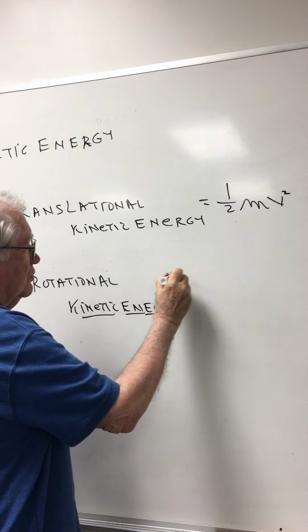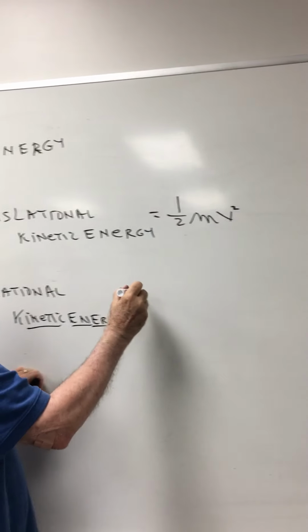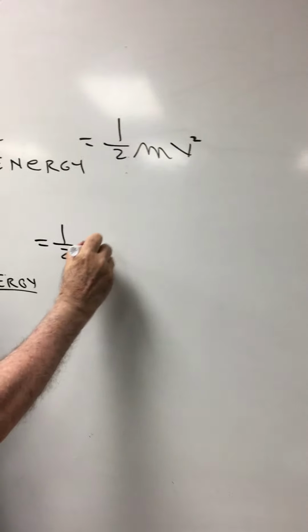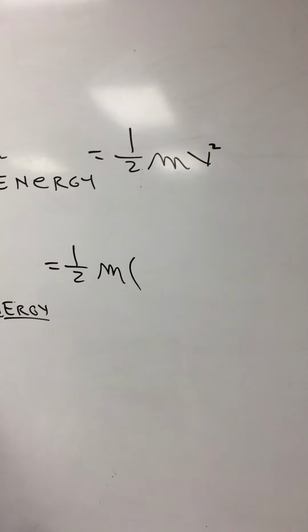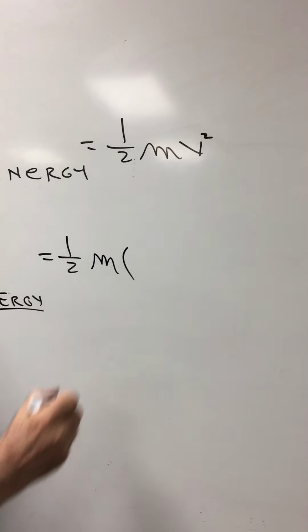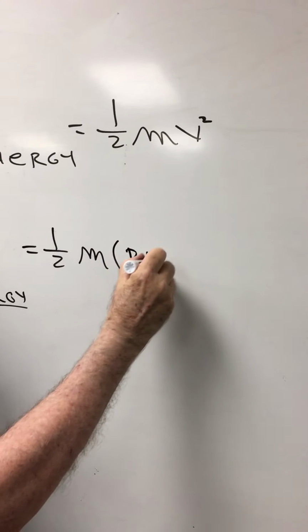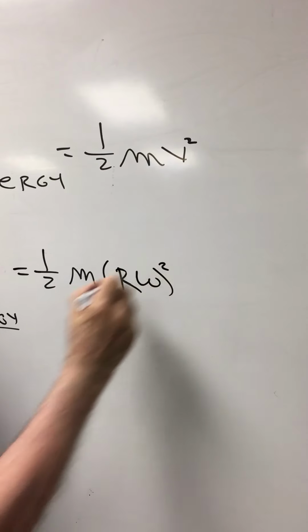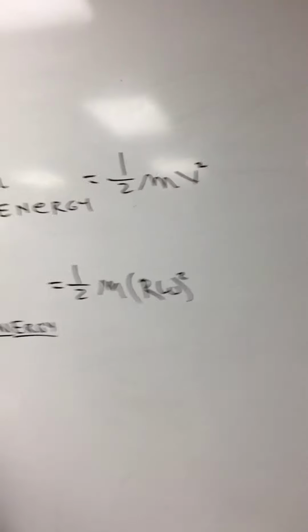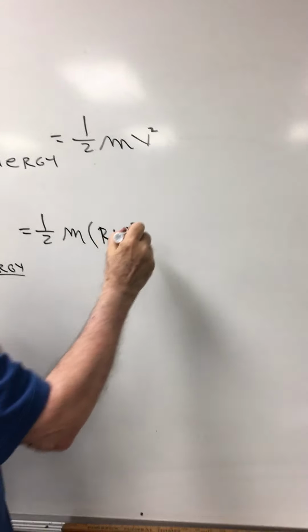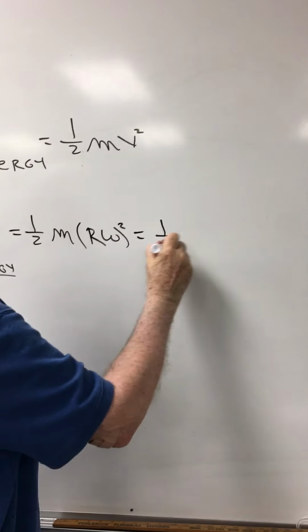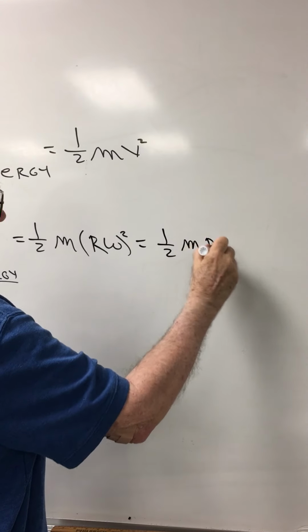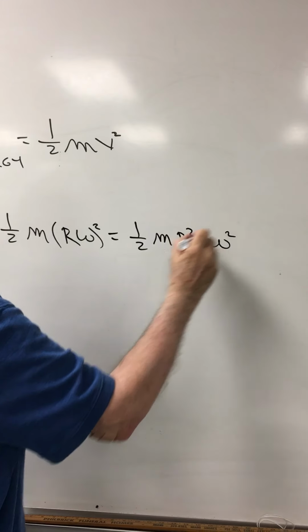I'm just going to do this instead. 1/2 the mass, but now we're talking about rotation, so what's v equal to? Well, v is equal to R omega. And that's going to be (R omega) squared. Now what I do is I write this out, 1/2 m R squared omega squared.